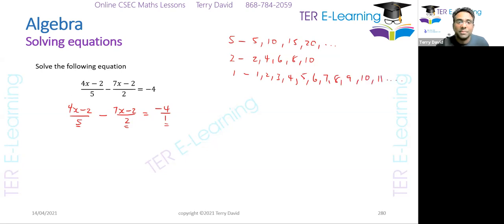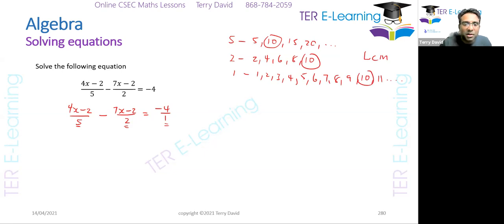There's a reason why I went up to 10, right? My LCM in this particular case is the lowest number that is common to all of them. LCM, we're talking about lowest common multiple. So in the case of 5, 2, and 1, the lowest number that is common to all of them, if you look carefully, is 10, right? So my LCM is 10.